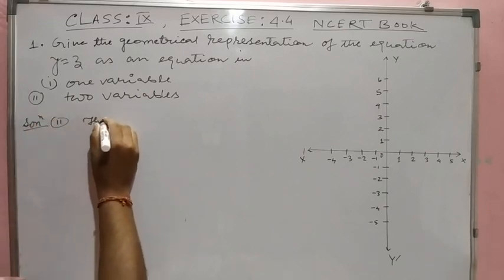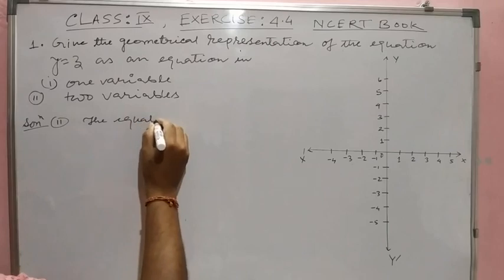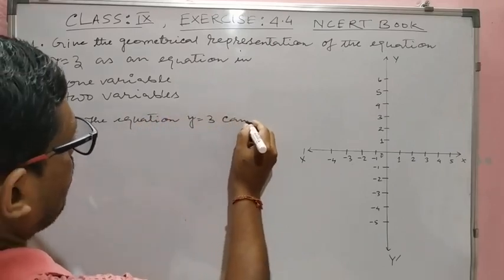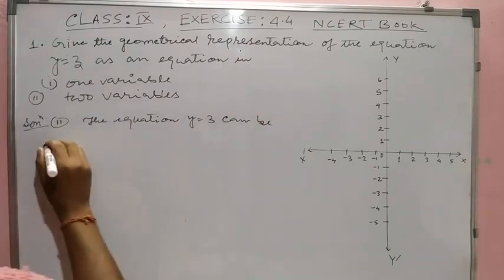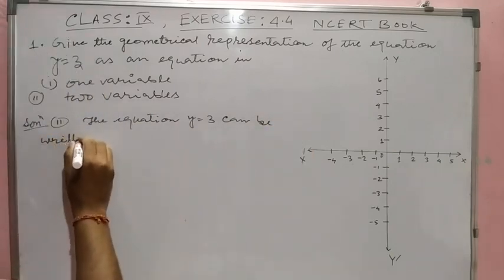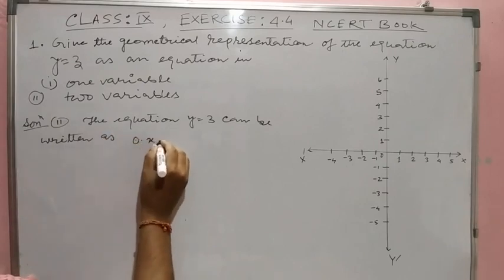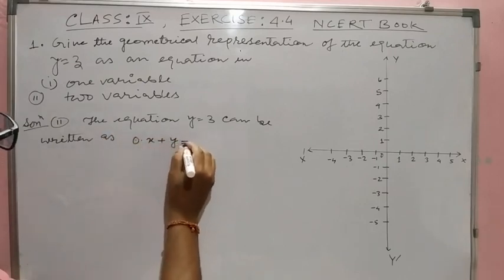The equation y equal to 3 can be written as 0 into x plus y equal to 3.